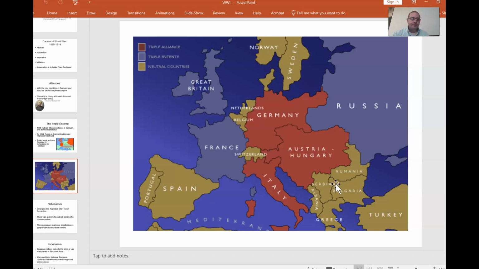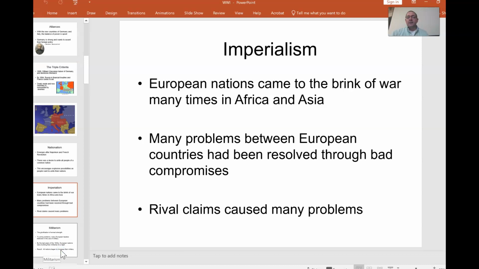And this is creating a lot of hostility and a lot of tension between the empires, but also between the people below, the Serbs, the Bulgarians, and all these folks, and the empires.